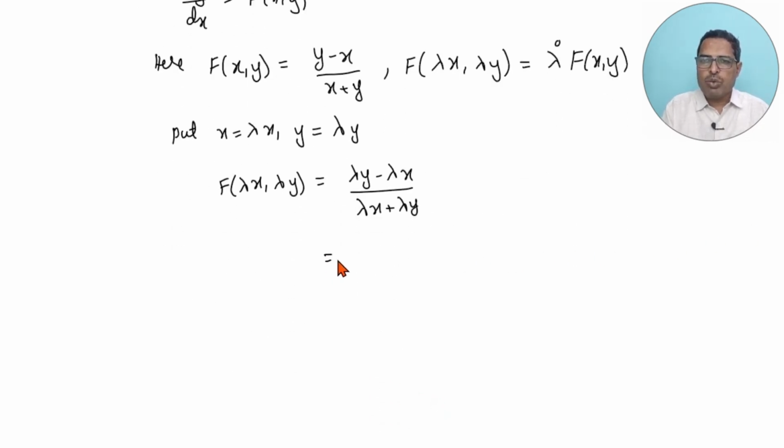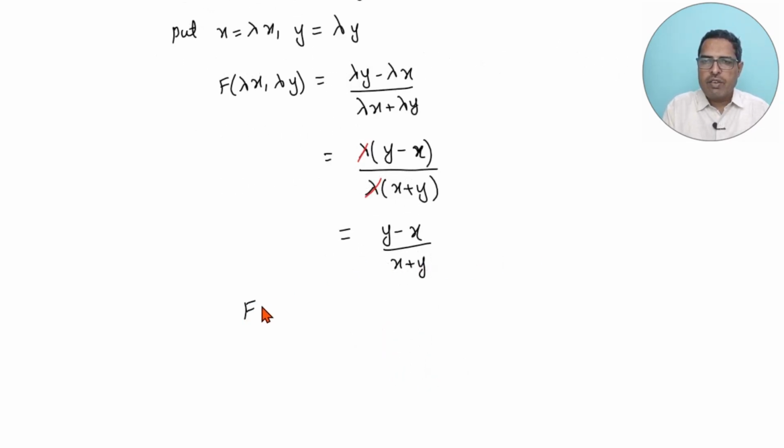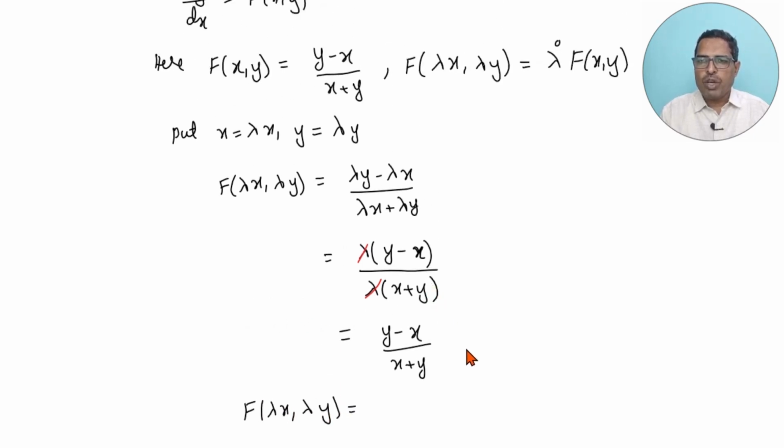So what is common over here? Lambda is common: lambda times (y − x) divided by lambda times (x + y). We can cancel out the lambda and lambda, and we are left with (y − x) divided by (x + y).